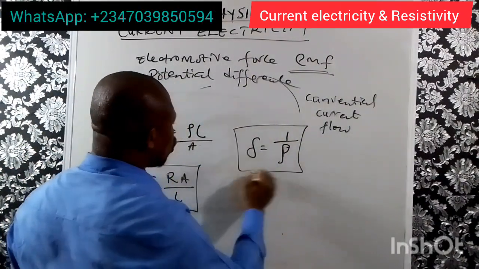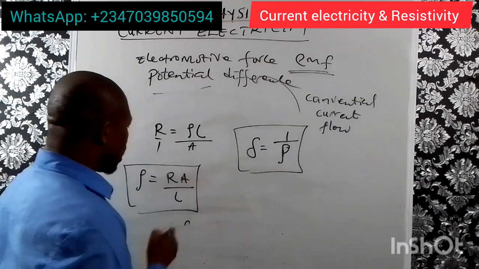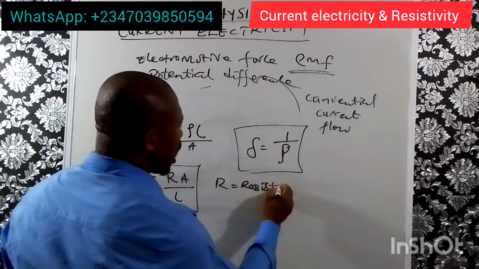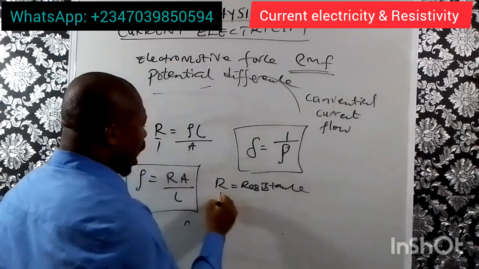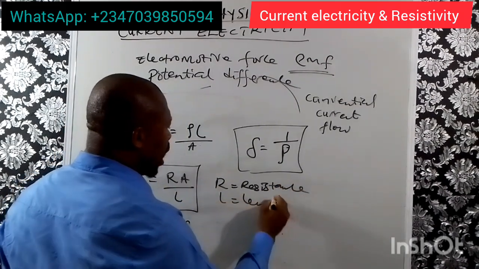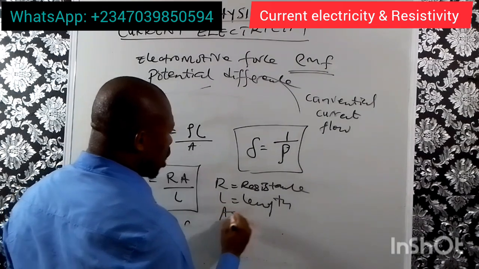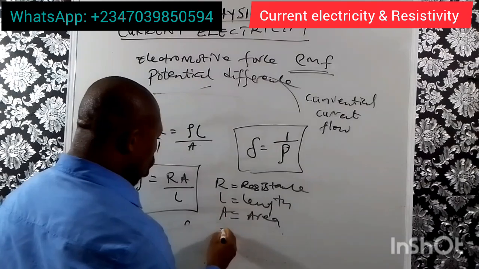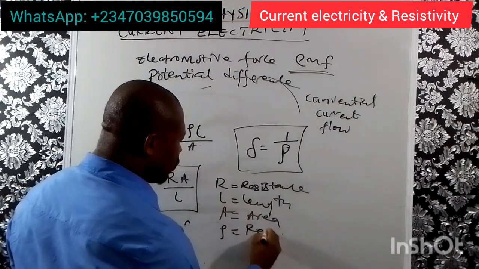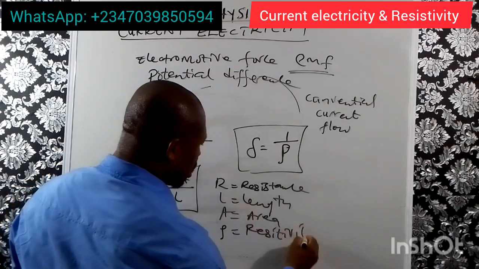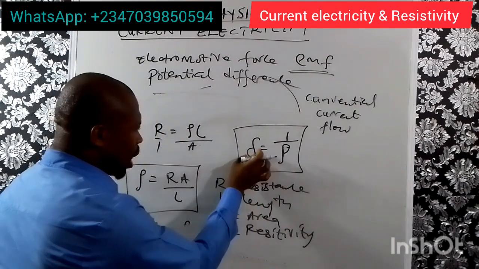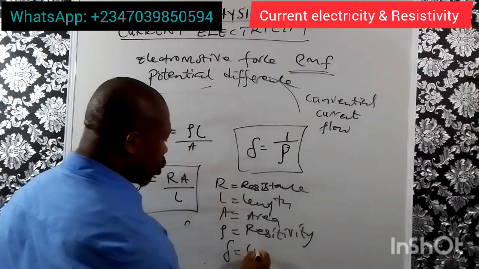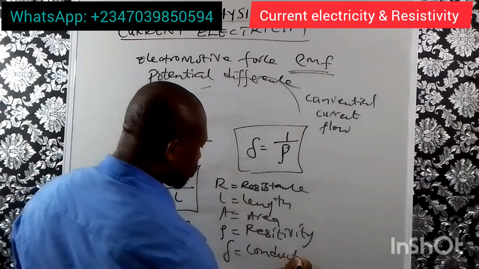So in other words, we have that R is the resistance, L is the length of the wire, A is the area of the wire, rho is the resistivity, and then finally we have the conductivity.